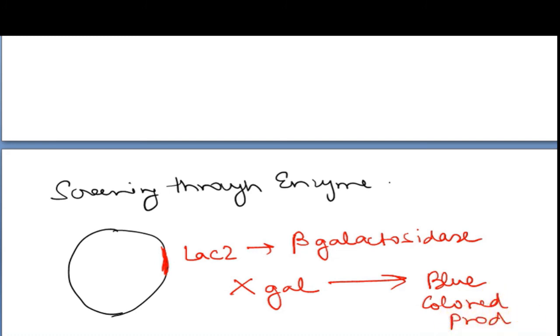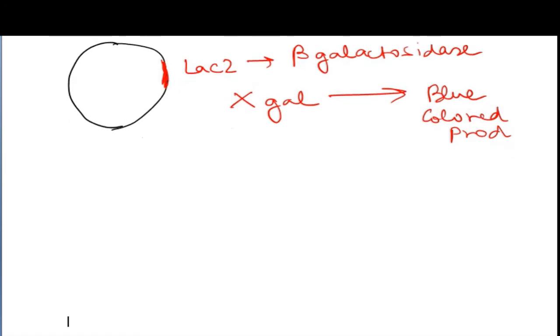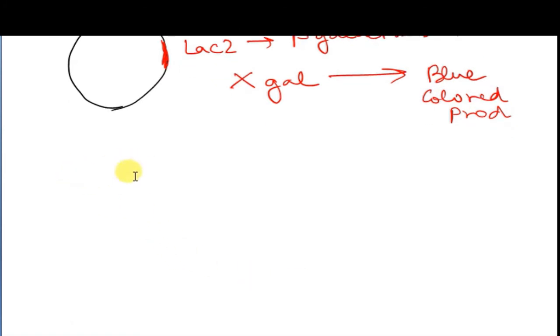So what is this X-gal and where is it found? How come this X-gal came into the picture suddenly? This X-gal is present in that particular medium in which these E. coli are growing, right? Let us understand this.